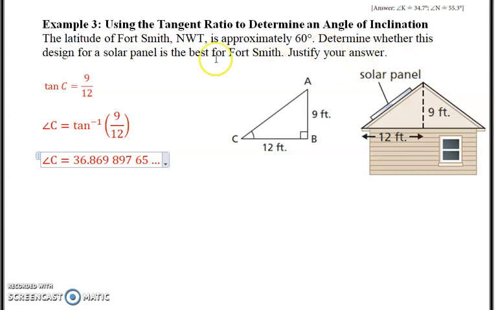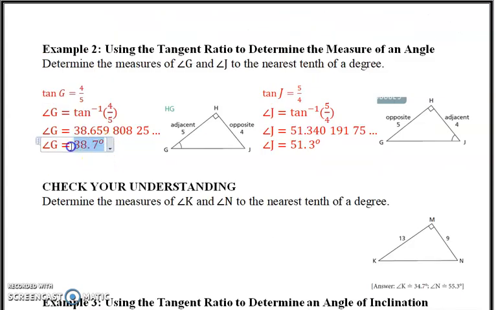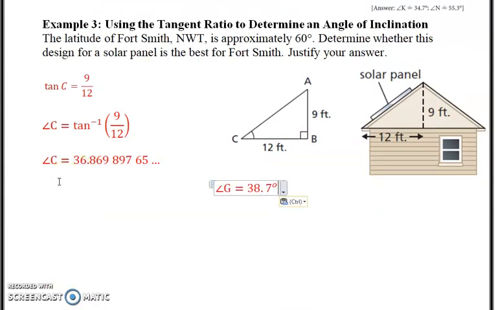It says determine. It didn't really say what to round it to, so I'm going to go to the nearest degree. Angle C is equal to 36.9, 37. So 37 is fine. 37 degrees. I'll just go to the nearest degree.